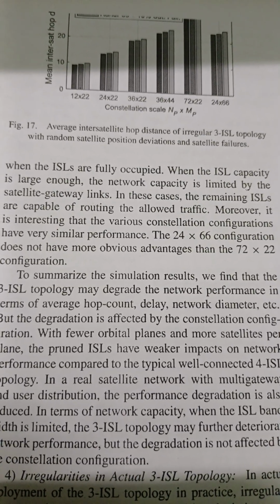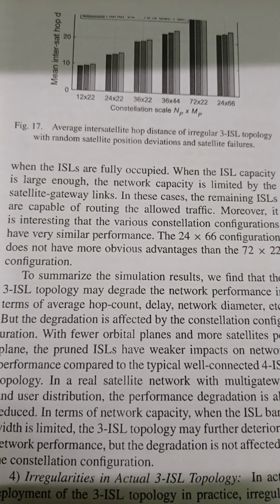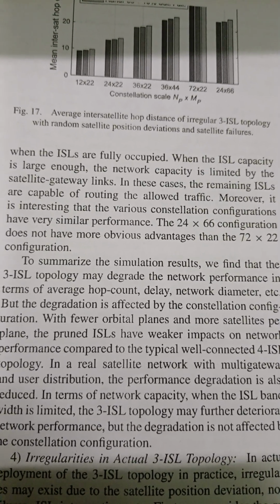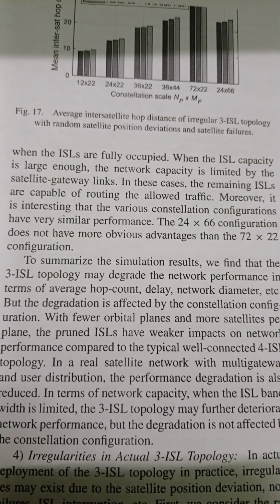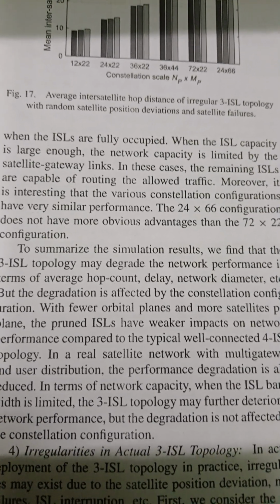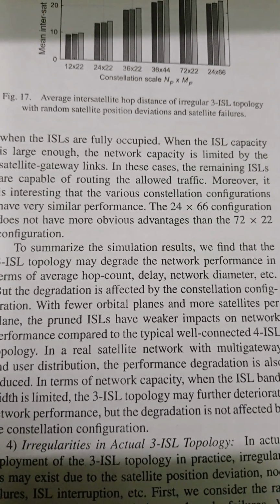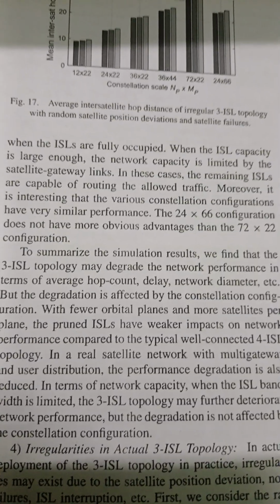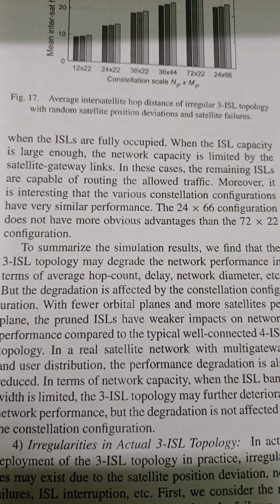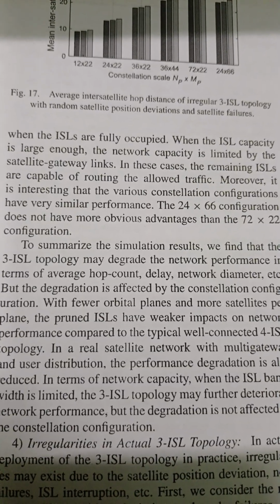In these cases, the remaining ISLs are capable of routing the allowed traffic. Moreover, it is interesting that the various constellation configurations have very similar performance. The 24 plus 66 configuration does not have more obvious advantages than the 72 plus 22 configuration.